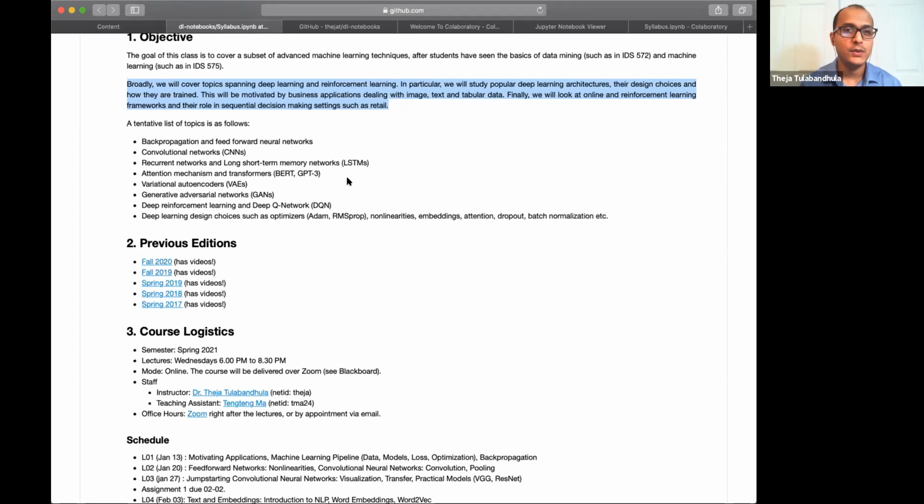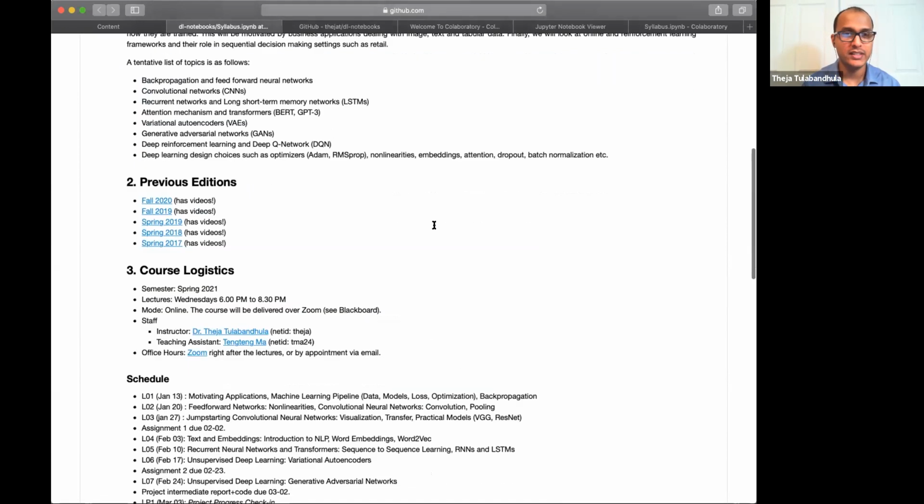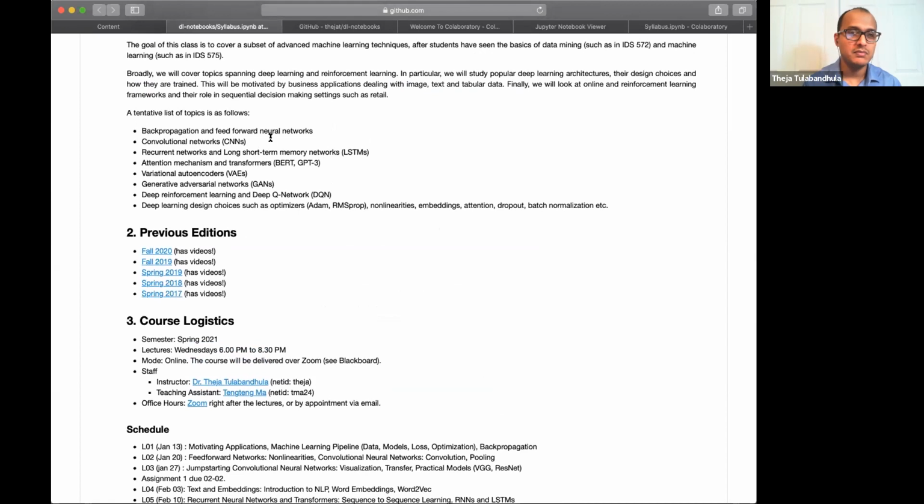There's a bunch of topics listed here in the syllabus page, and there's a much more expanded list you'll see on the lecture schedule, right below here. For some of you who have not seen much deep learning, there's a bunch of names and acronyms, but we'll get into each one in detail and see how it's useful for certain classes of problems.